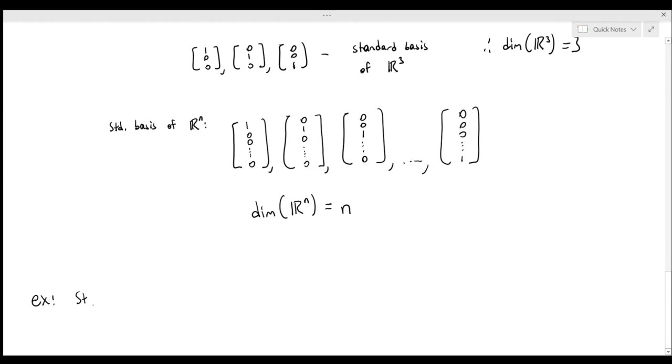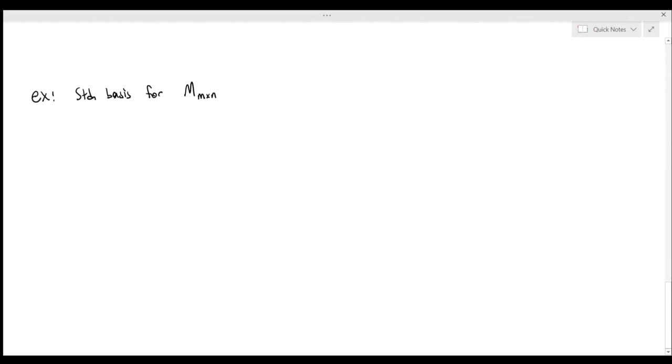Quickly, I'm also going to talk about the standard basis for the space of m by n matrices. I'll look at the space of 2 by 2 matrices as a specific example.